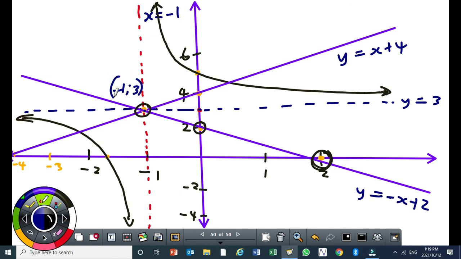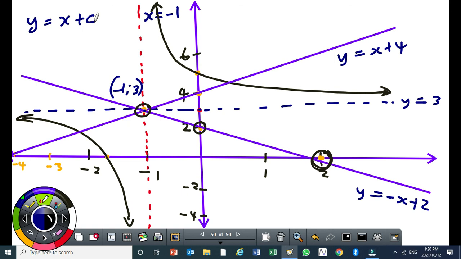Sometimes you can get a question in this grade asking you to determine the value of the y-intercept of a line of symmetry. Let's say the line of symmetry has a positive gradient and its equation is y equal to x plus c, and they ask you to determine that c. In that case, you have two ways of getting the answer.